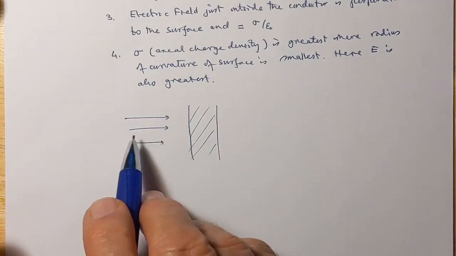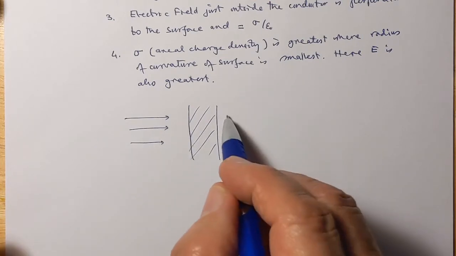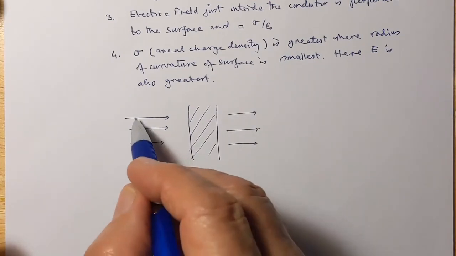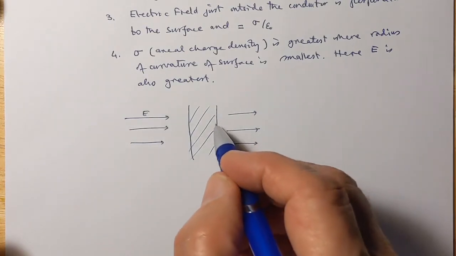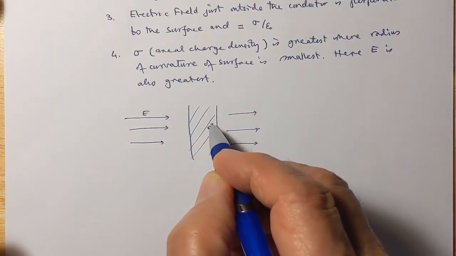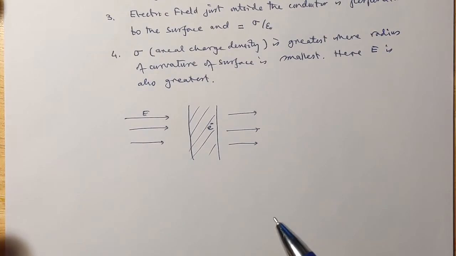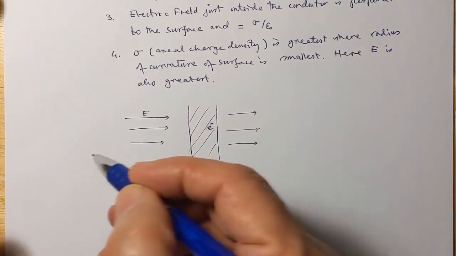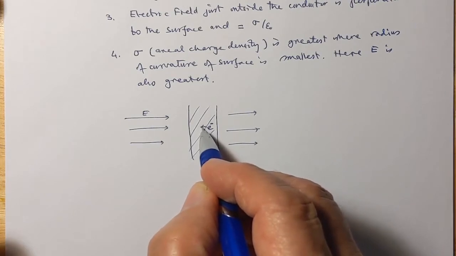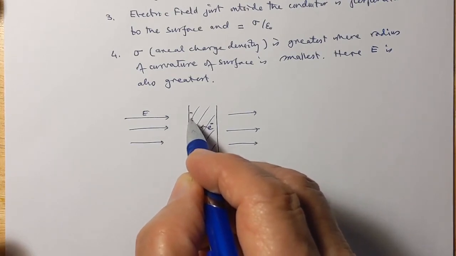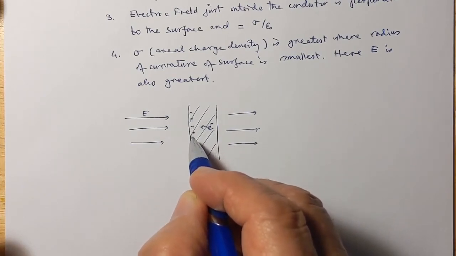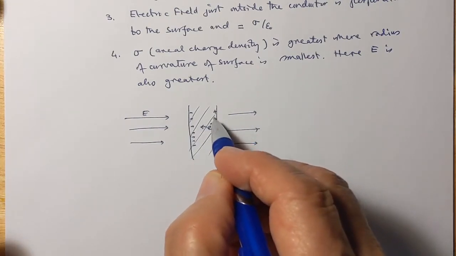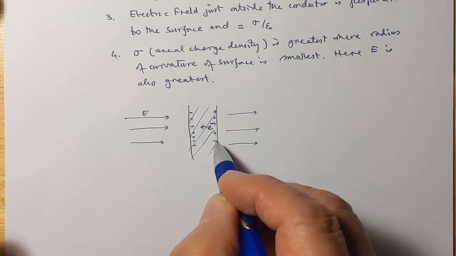As soon as this electric field is switched on, the free electrons in the conductor will be attracted towards the left and start collecting on the left face, and the other face will start becoming positively charged.